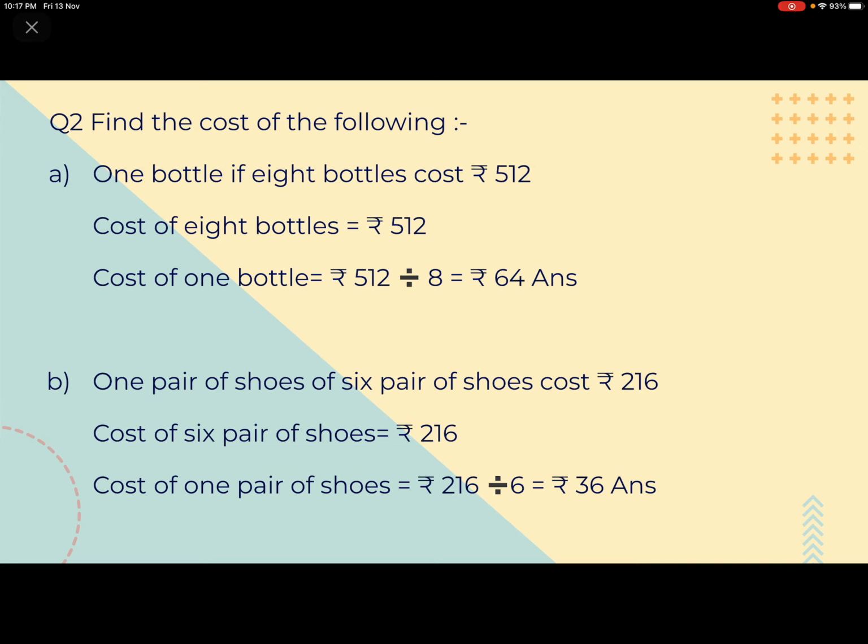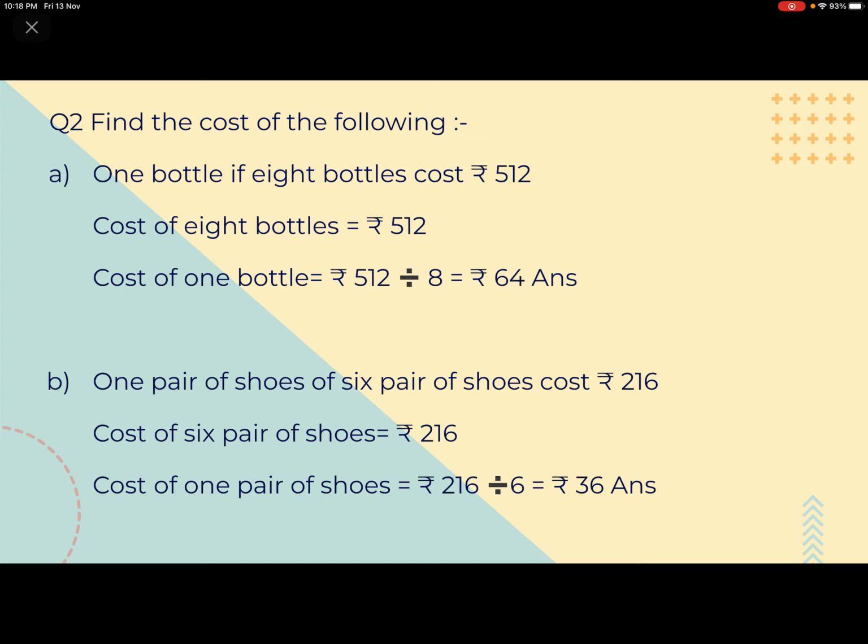Find the cost of the following. Now in these questions, children, we have to find the cost of one bottle if the cost of 8 bottles is rupees 512. So statement, cost of 8 bottles, rupees 512, and hence cost of one bottle. So you will divide because we know the cost of many bottles and we are supposed to find the cost of one.